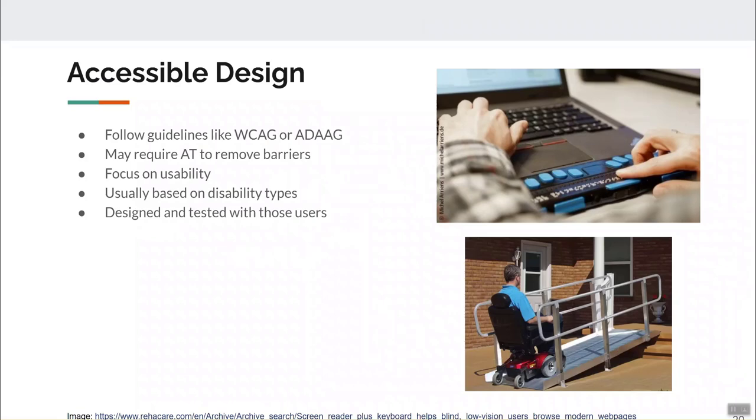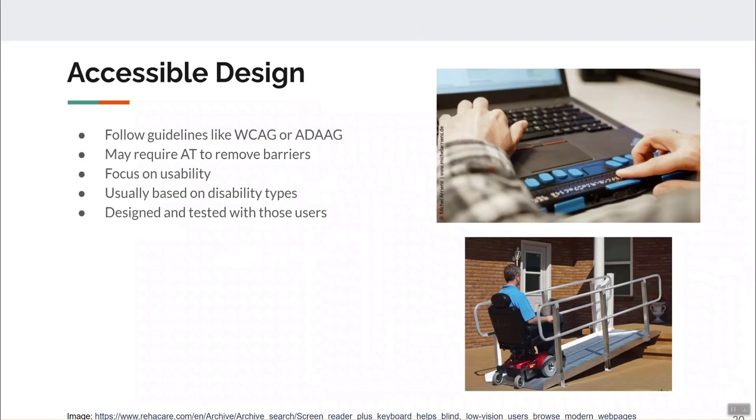Next is accessible design. Very often these follow guidelines like WCAG and ADAAG, and it may require assistive technology to remove the barriers. We'll look at different disability types to focus on the usability for those particular people, and we should always design and test with those users.